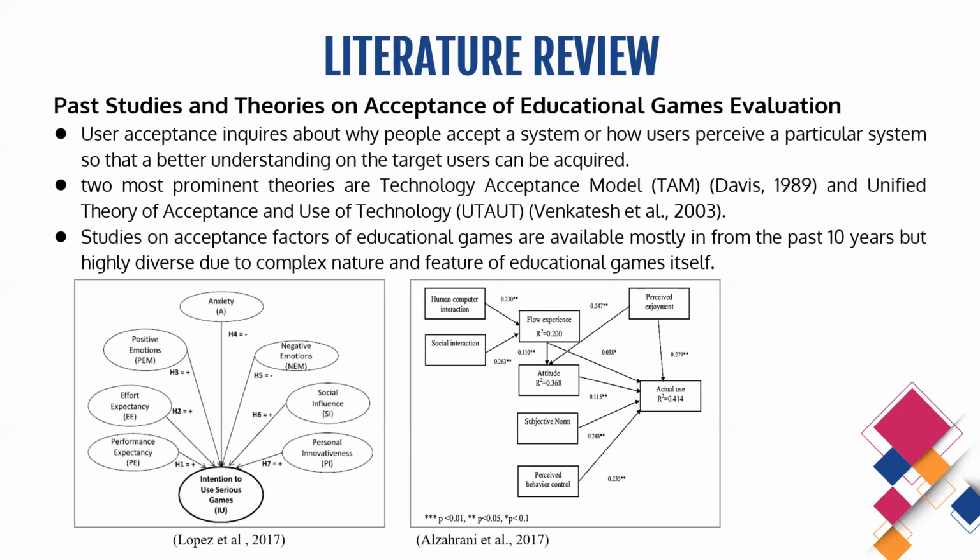In information systems, the technology acceptance model is one of the important theories, and several theories such as by Davis 1989 and also UTAUT by Venkatesh in 2003 are the most important models in technology acceptance, apart from some other models actually, like theory of planned behavior, theory of reasoned action, and social cognitive theory, and so on and so forth.